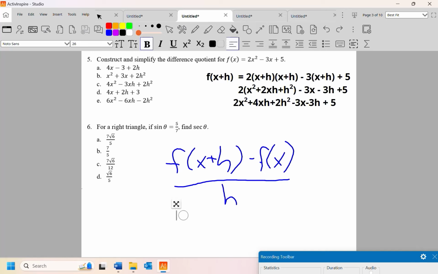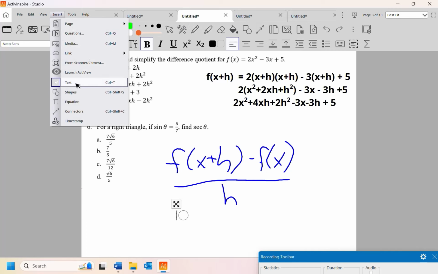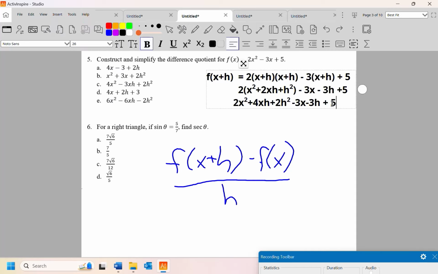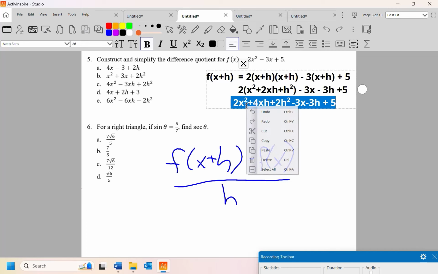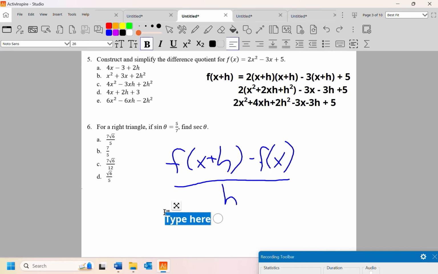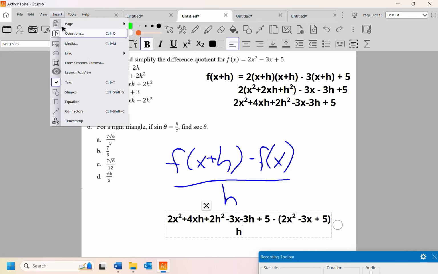I'm just going to borrow a line of text here. We take away the original function, which is 2x to the second. And that's all over h. Every bit of it's over h.